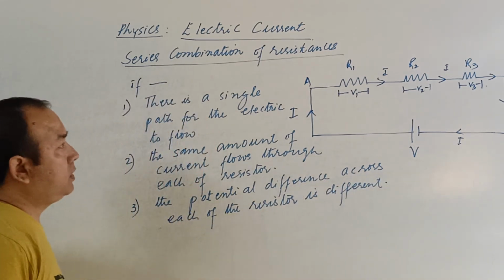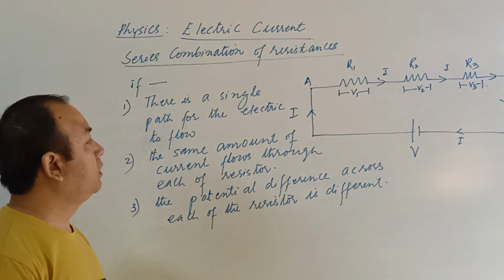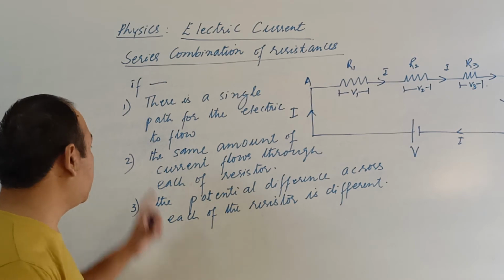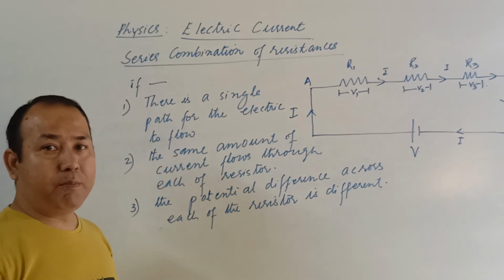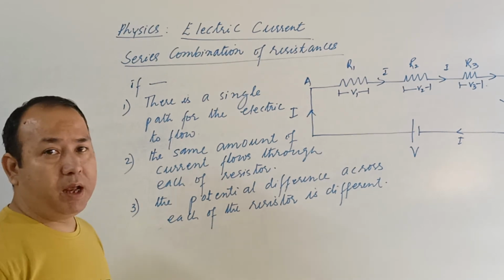Then the resistors between the 2 points are said to be connected in series combination. So these are the 3 points which the combination of resistors must satisfy to be in series combination.